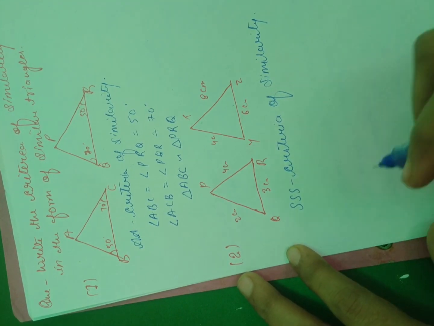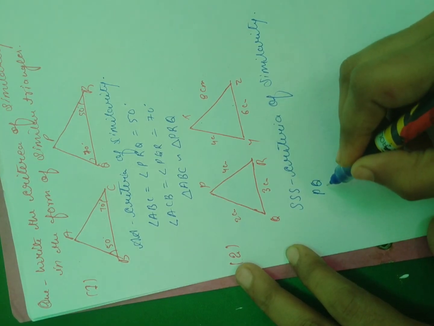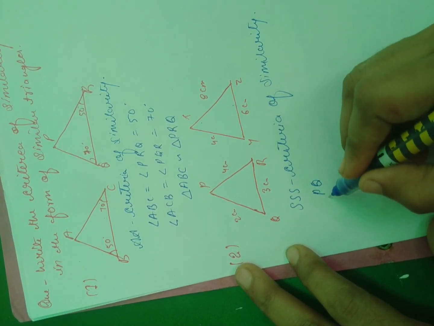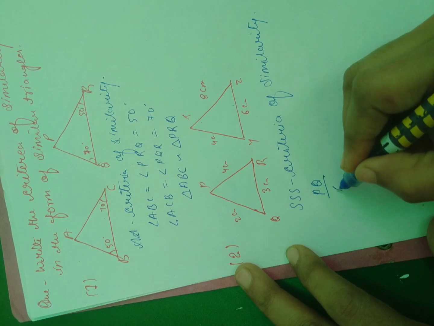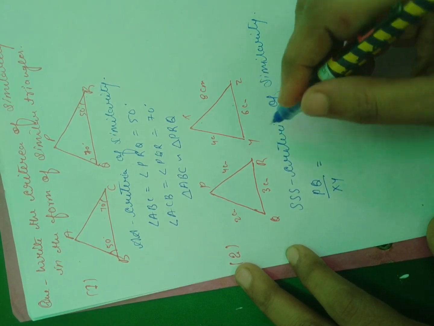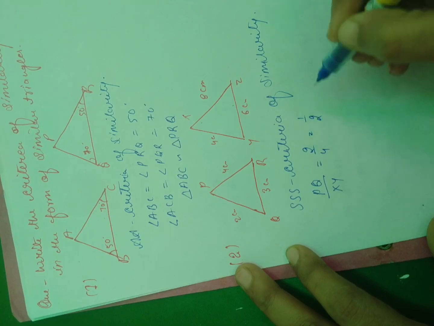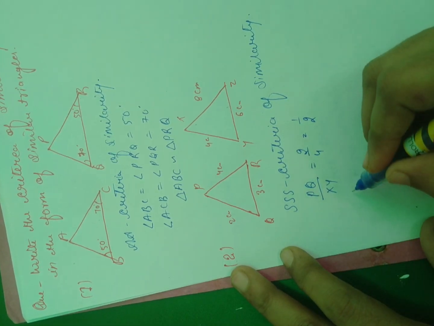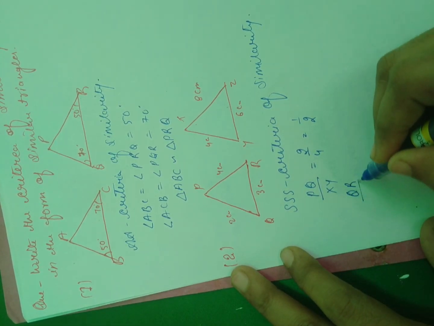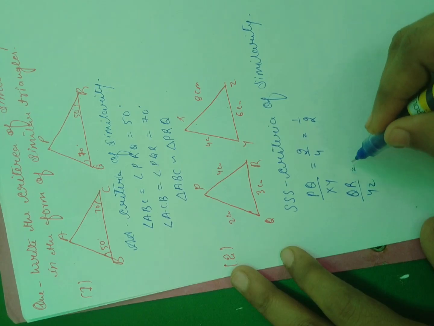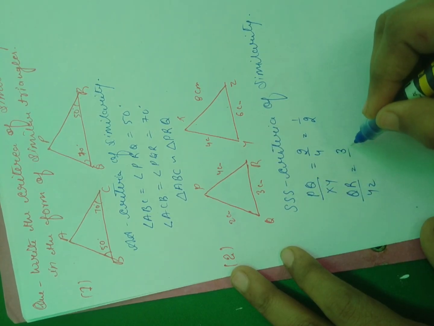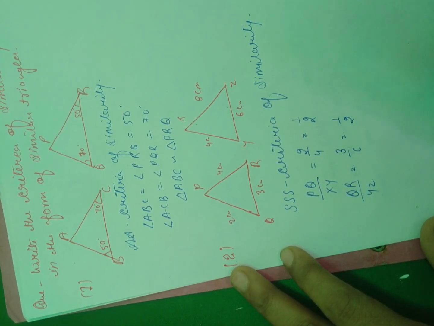Here PQ by XY means 2 by 4, which gives 1 by 2. Again QR by YZ: QR is 3, YZ is 6, again it gives 1 by 2.